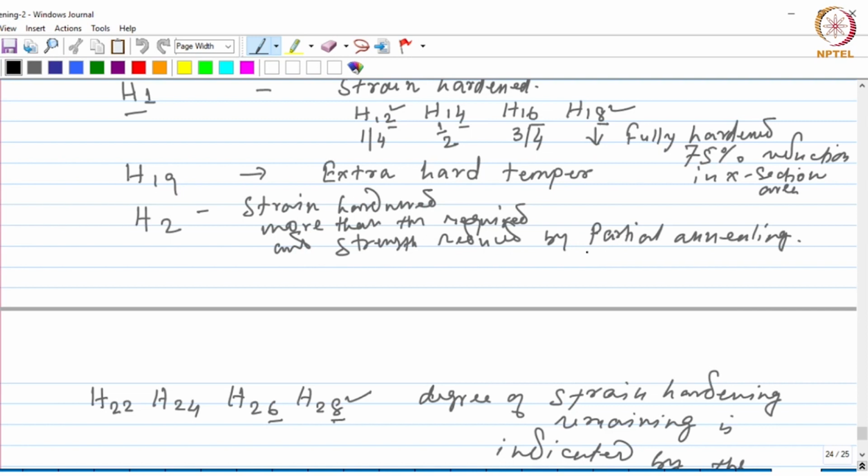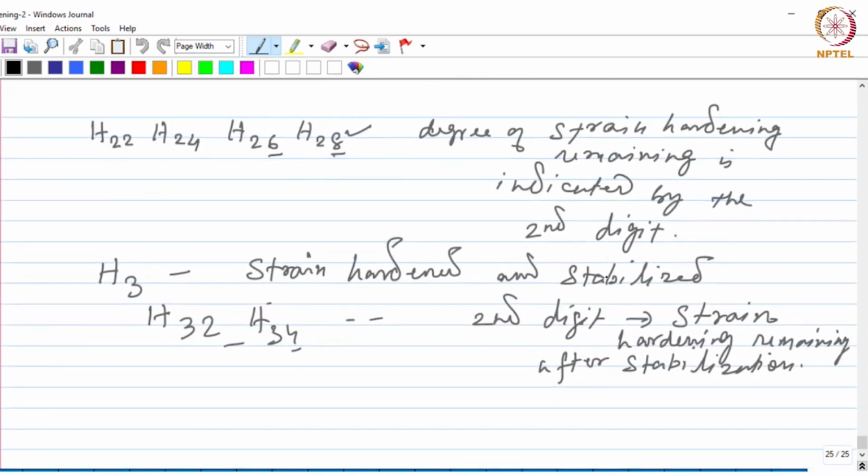And in order to do that, the level of strain hardening has to be reduced by annealing. So you can say that strain hardening or cold working and annealing go hand in glove. When one is done, another can automatically come for many purposes, in order to achieve some of the properties which may be needed in the final component, right?